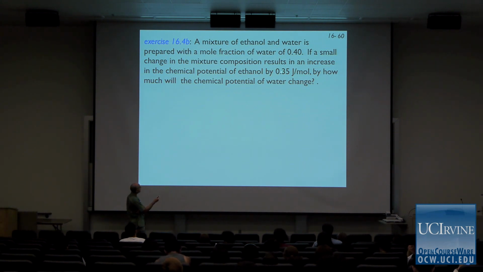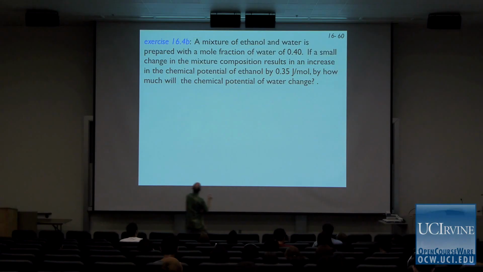Or if we change the chemical potential of one component of this two-component system, how will the chemical potential of the other component respond? We know this is a Gibbs-Duhem problem because we're at equilibrium.